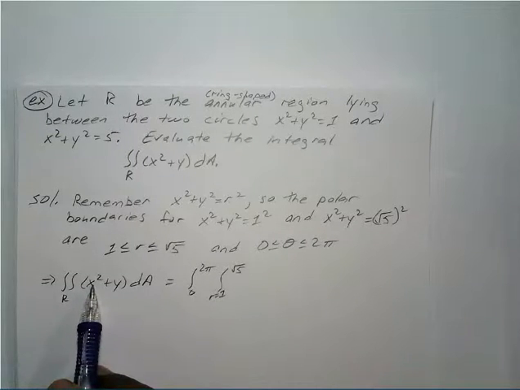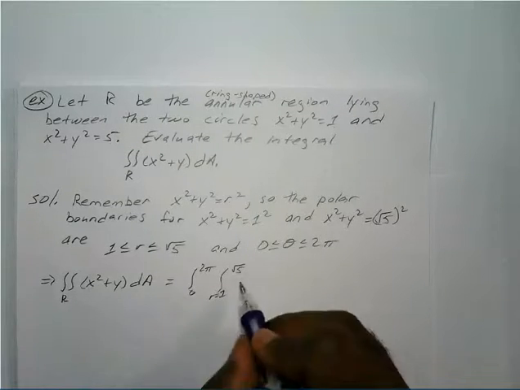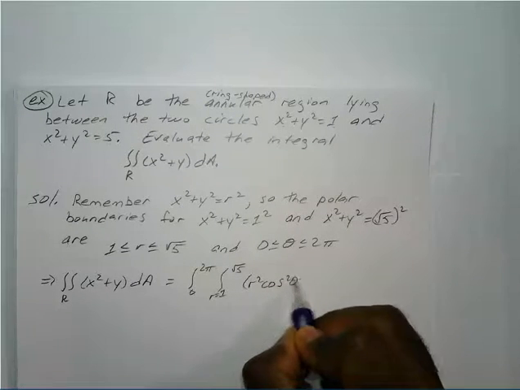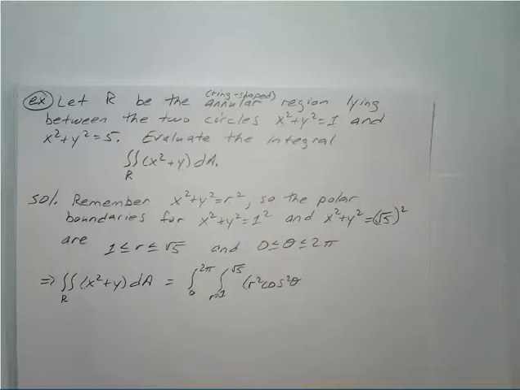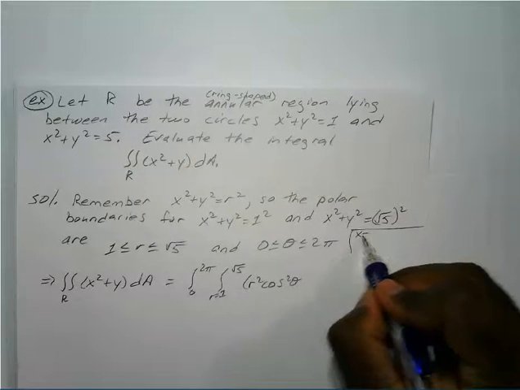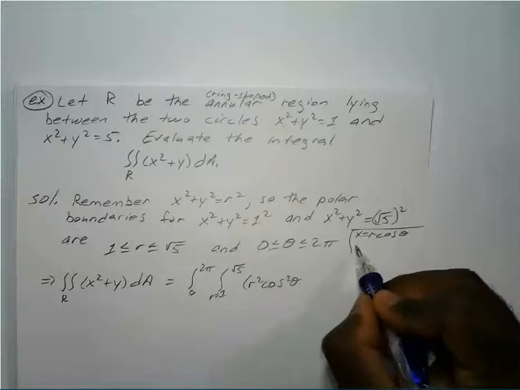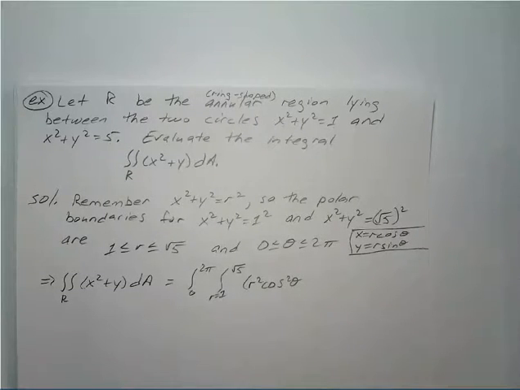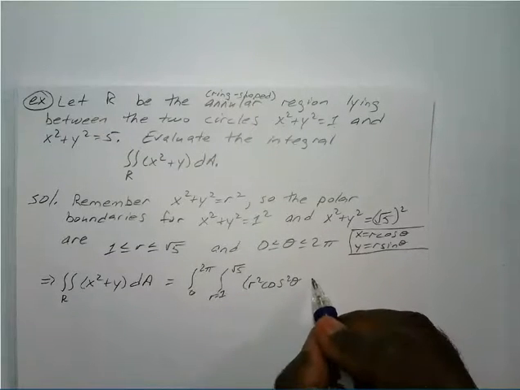Instead of x squared, remember x is equal to r cosine of theta, so we can make that r cosine of theta squared, or just r squared cosine squared theta. X equals r cosine of theta, y equals r sine of theta. Just a little reminder there. Plus y, so plus r sine of theta.